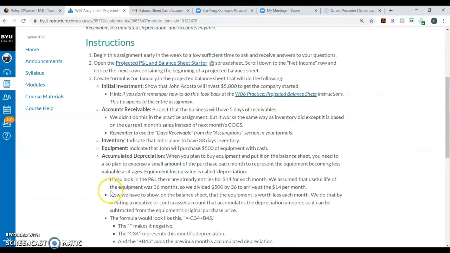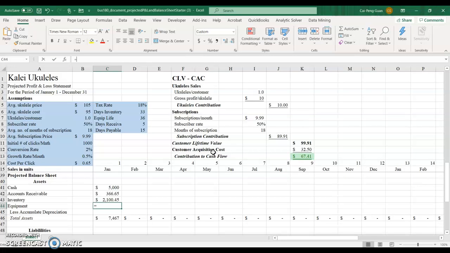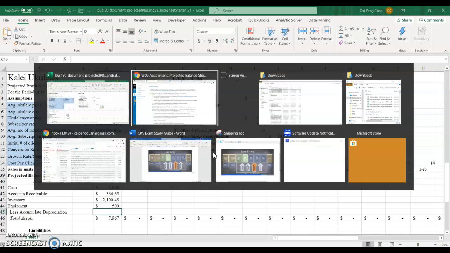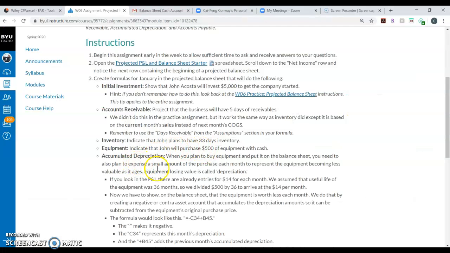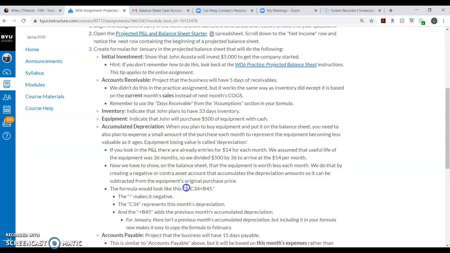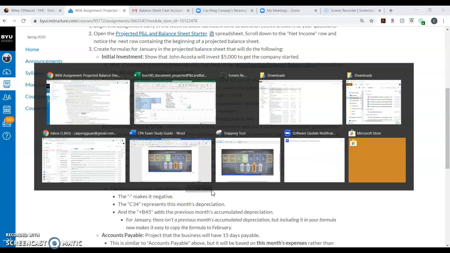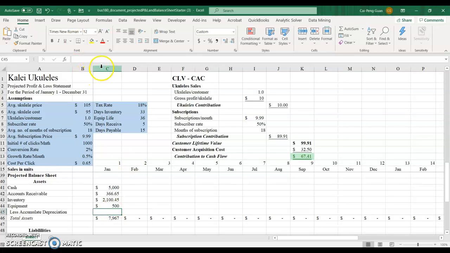As for the equipment, we purchased $500 worth of equipment, so that's 500. And the accumulated depreciation, for now, I'll just put this formula in there. There we go.